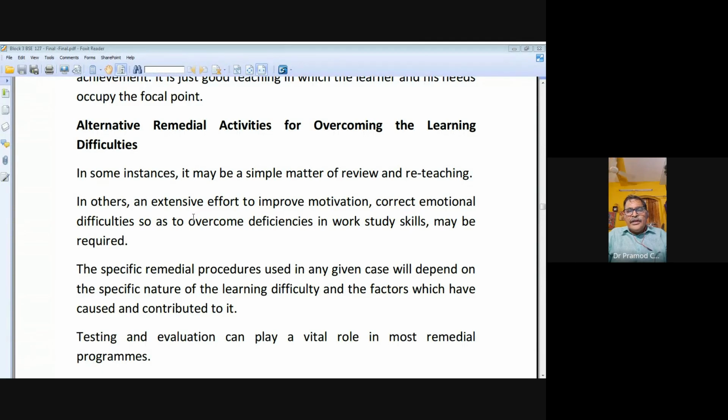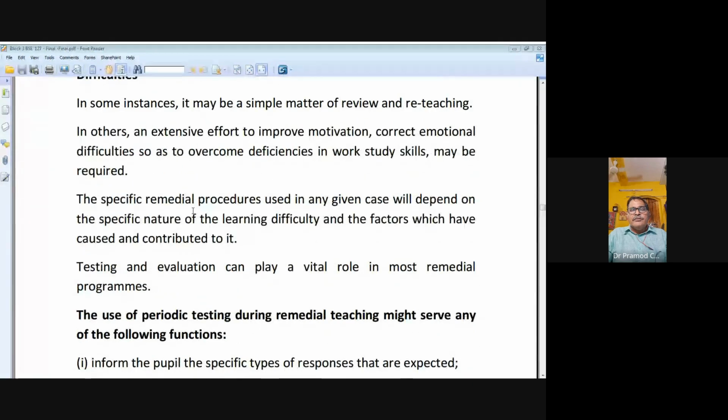Then emotional difficulties, if the child has them. Sometimes children come from home having some sort of emotional imbalance, and whenever they are facing emotional problems, we must take it into consideration with very simple talking with the child and sharing the sorrows and sufferings.